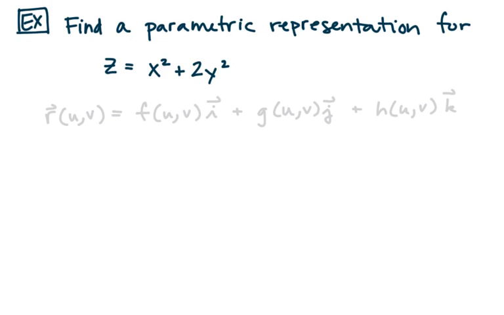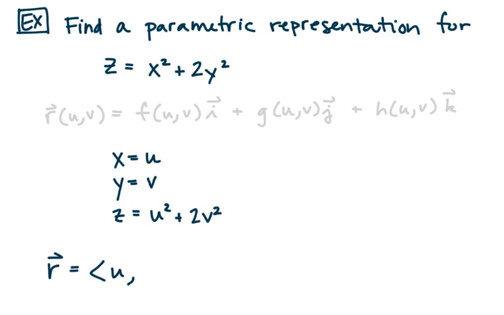A possible idea is I'll let x be u and y be v, or rather my f is equal to u and my g is equal to v. Then what would my h component be in terms of u and v? H, or z, would be u squared plus 2v squared.